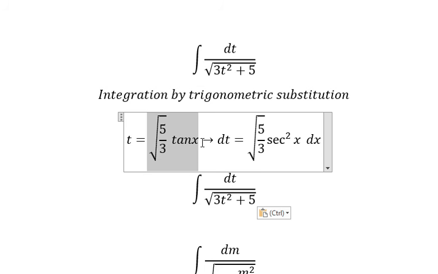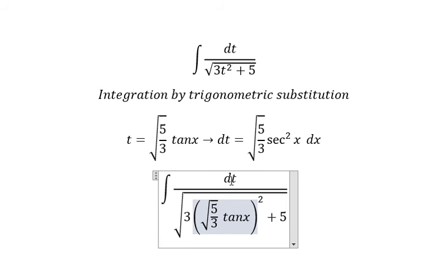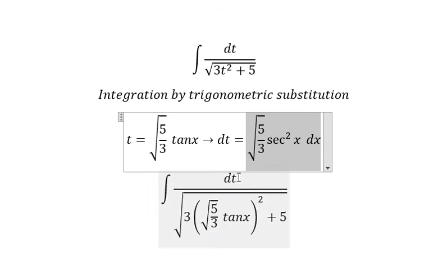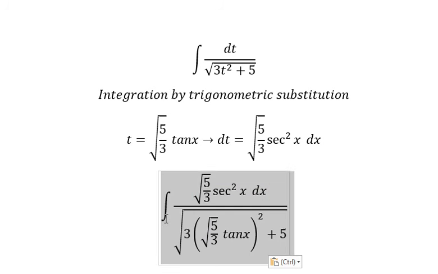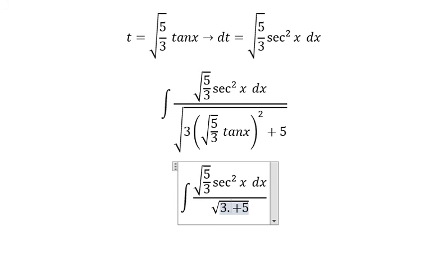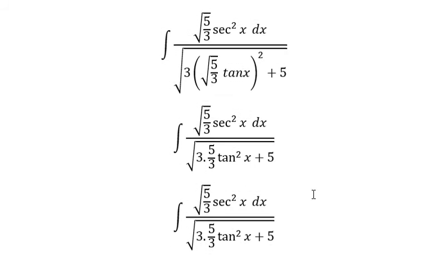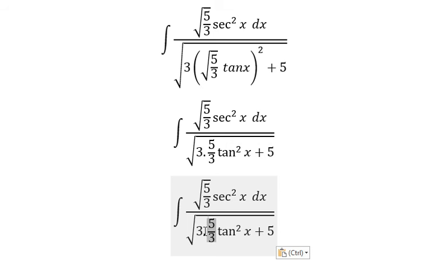So we put this one in here. dt we change for this one. This one you get 5 over 3 tan s square. Number 3 and number 3 we simplify.